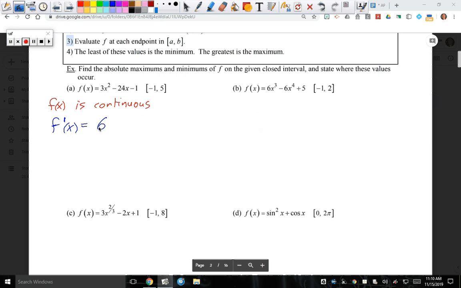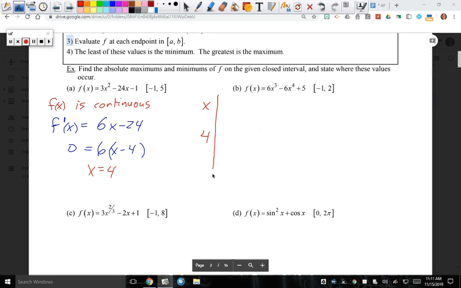So 6x minus 24. From what you've experienced with me, what do you think I would want you to do next? Factor, right? GCF. Pull out this 6 and set it equal to 0. 6 equals 0? Nothing there. Well, what's my critical point? 4. So my critical point was 4.